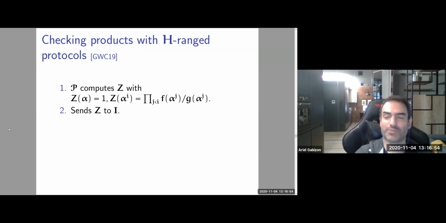So Z starts at 1, and then Z at alpha to the i aggregates the product of f over g on the first i minus 1 points. So the prover sends this polynomial Z to the ideal party.